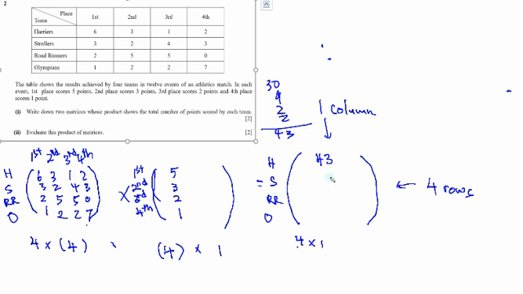Now this one is second row and first column. Second row from the first matrix and first column from the second matrix. So you take this, multiply this, you get the same thing. So either way you get the same answer. The only exception is that either 1 times 4 or 4 times 1 matrix is the resultant, or the product, of the two matrices.